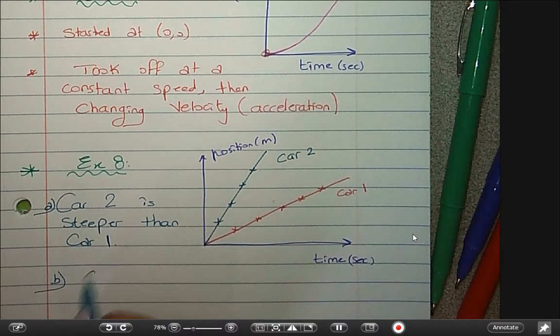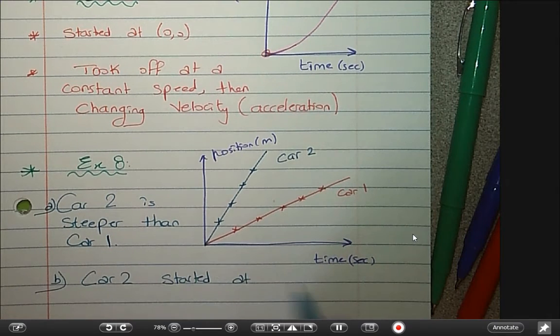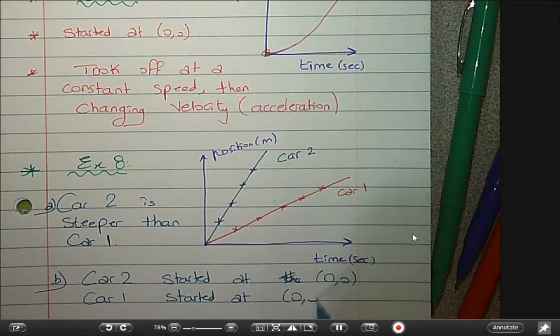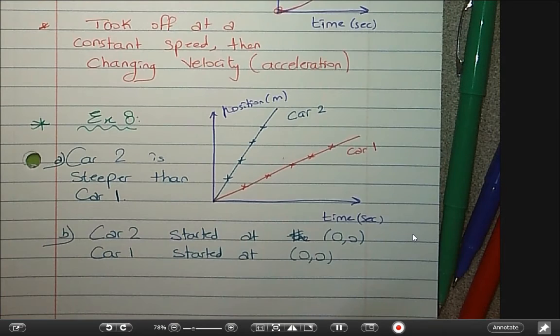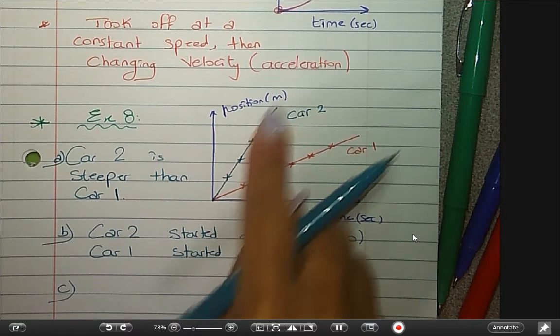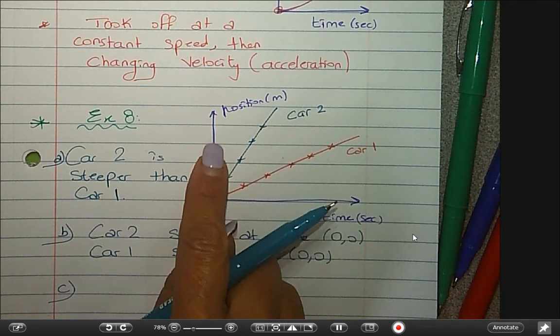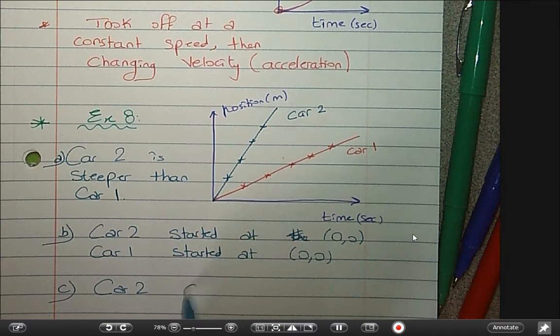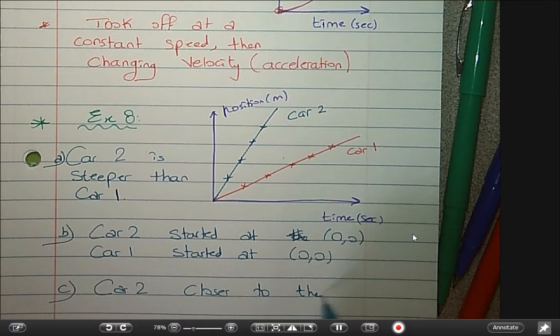It seems like car 2 started at the origin, or let's say at 0, 0. Car 1 started at 0, 0 as well. And then car 2 seems to be closer to the y-axis. So car 2 is closer to the distance.